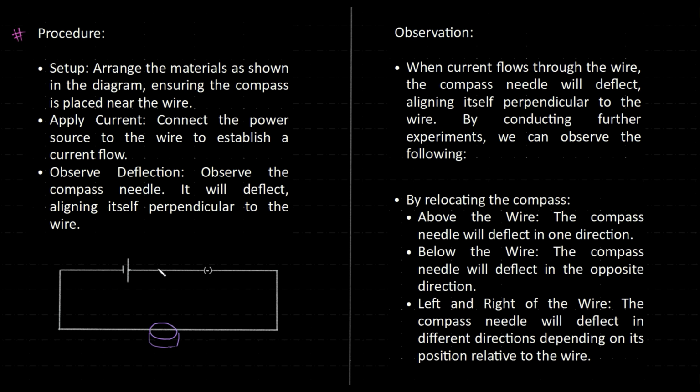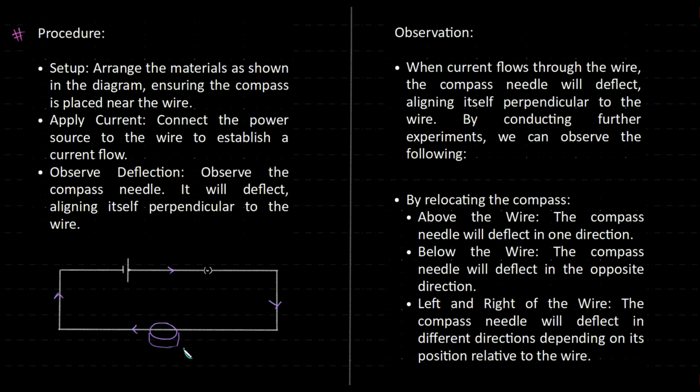Of course, we have the current flowing in. What happened to this person is he happened to see a deflection. The deflection in what? In the compass.